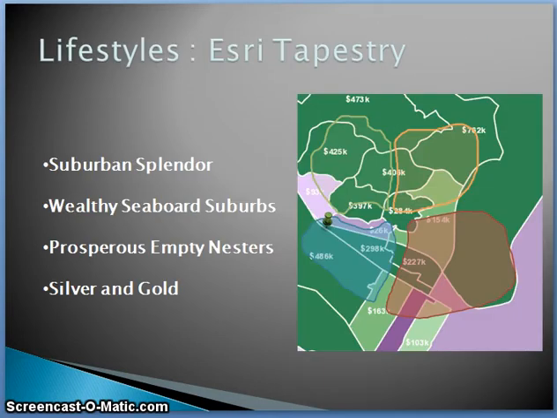Almost at the end here, the lifestyle layer was interesting. It gives these fun names like suburban splendor and wealthy seaboard suburbs and empty nesters to an aggregate of characteristics, and they call it the tapestry. The tapestry classifies neighborhoods into 65 unique market segments based on socioeconomic and demographic characteristics.